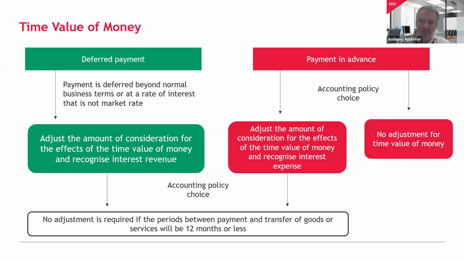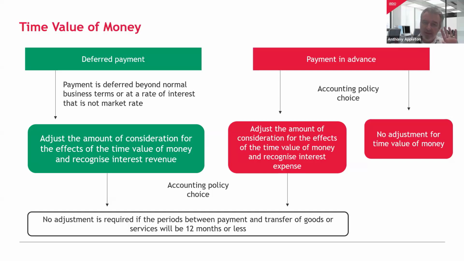If the customer pays in advance, from the outset, we have an accounting policy choice. We can choose to not make any adjustment for the time value of money. But if we do decide to do that, we do it in reverse. What we're going to say is that part of what we've received is effectively financing for us, and we will then recognise an interest expense in reverse.